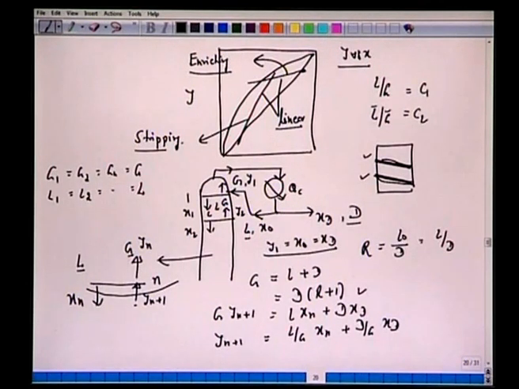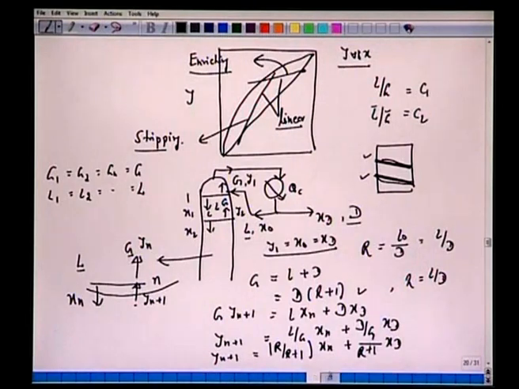Now with these definitions, that G equals D(R plus 1), it's not difficult to show that we obtain yn plus 1 equal to R over R plus 1, so we are writing in terms of reflux ratio. L by G, we have G equal to L plus D, and G also equals D(R plus 1), and here we have R equal to L by D. That means L by G is R by R plus 1, into xn plus XD, and D by G will be 1 over R plus 1.